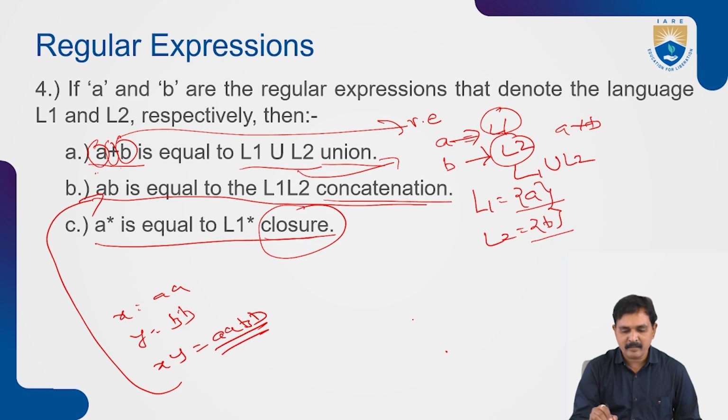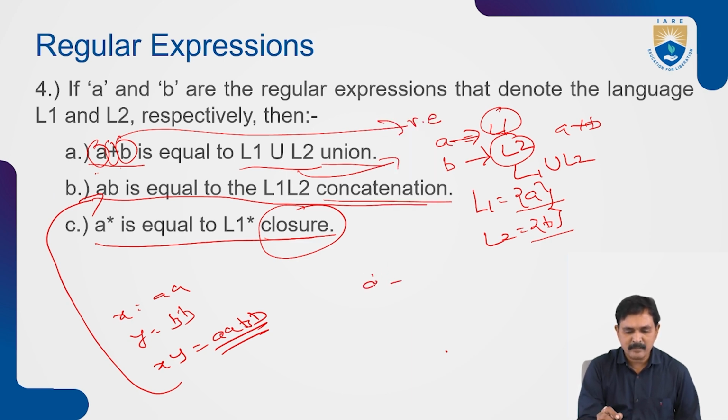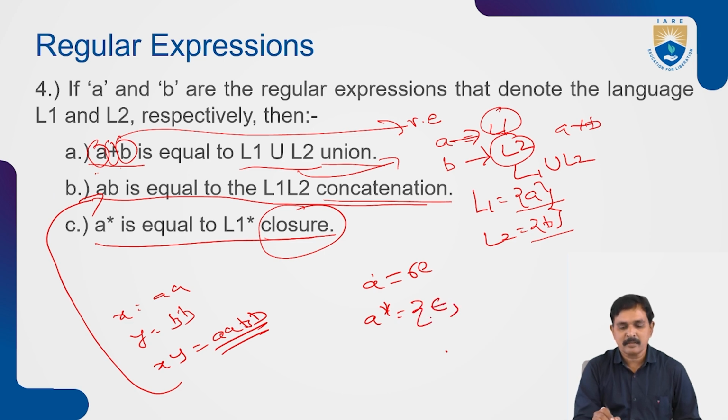Suppose here I am taking the element A as a regular expression. So what is the closure? A star includes the null value, single A, the number of occurrences of the symbol is 1 time, the same symbol repeated 2 times, 3 times, and so on.